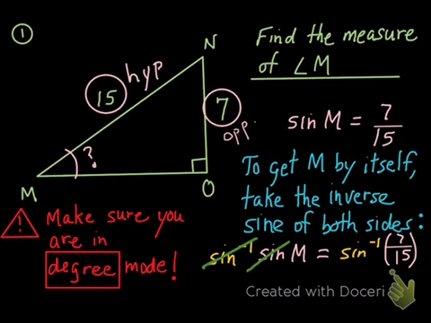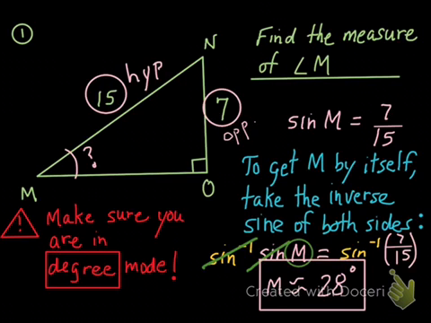So inverse sine of the sine of M, the inverse sine and the sine kind of undo each other. This leaves you with the angle M. So now, my only contemplation is to take the inverse sine of 7 over 15. I do that on my calculator and I get an angle measure of about 28 degrees. I've found angle M using inverse sine.